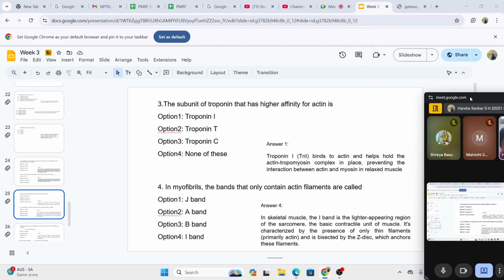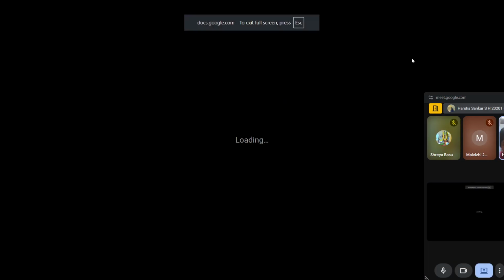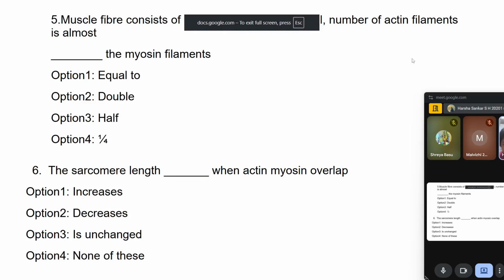Next question. Muscle fibers consist of myofibrils. In each myofibril, the number of actin filaments is almost dash the myosin filaments. Option 1 equal to, option 2 double, option 3 half, option 4 one by four. What is the correct answer?